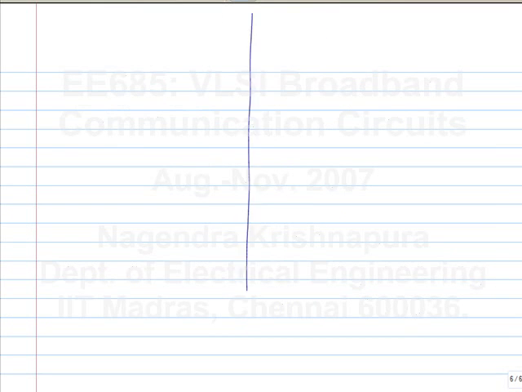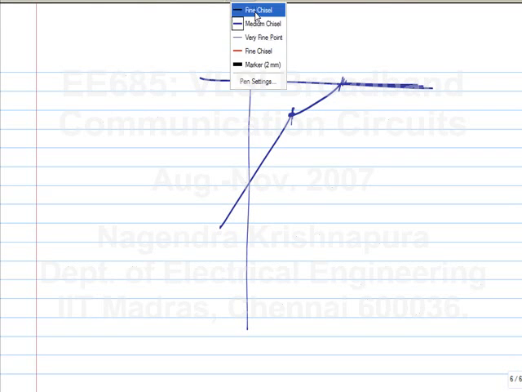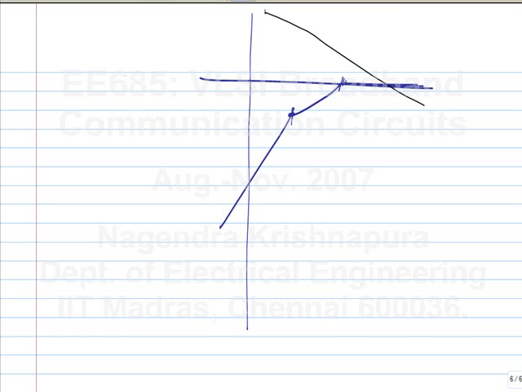So we have to multiply this with 2 pi kVCO by S, which is an integrator, and a second pole.